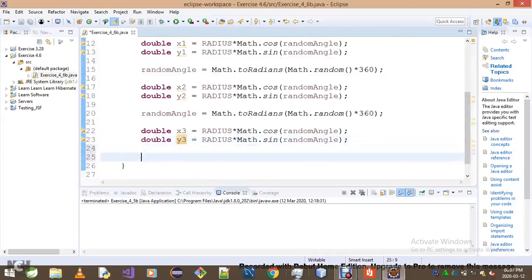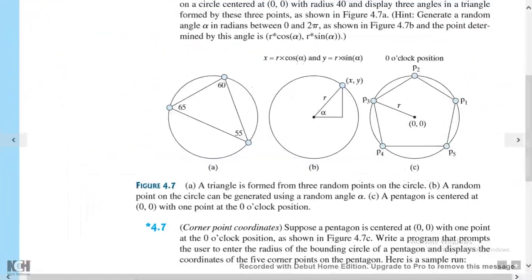Now that we've got this, what we're left to do is to simply calculate the distance between point 1 and point 2. Now, why are we doing that? Let's get back here.